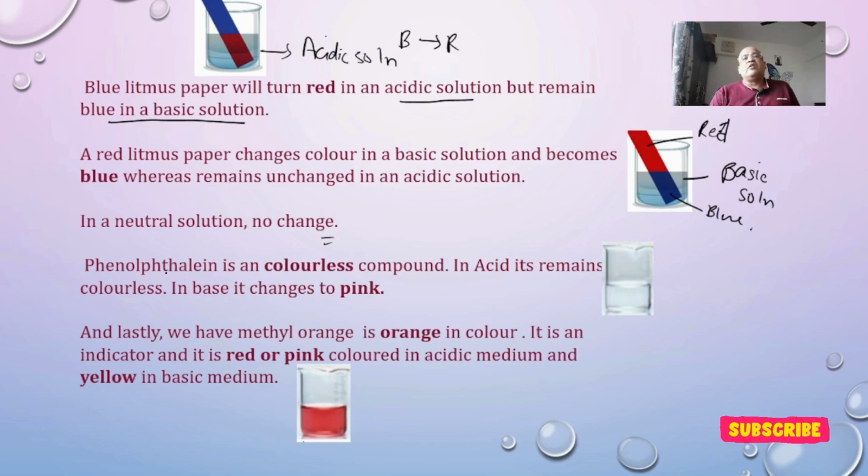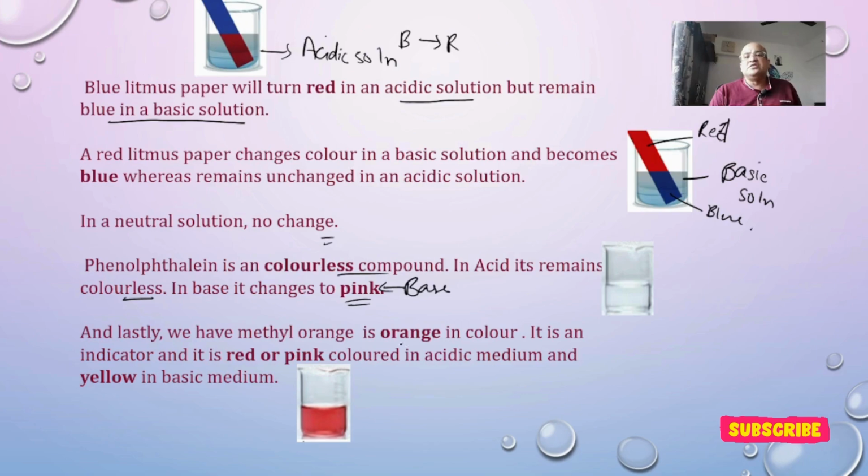Now let's see phenolphthalein. Phenolphthalein is a colorless liquid, a colorless compound. In acid, it remains colorless. In base, it will change to pink in color, right? And lastly, we will see methyl orange.